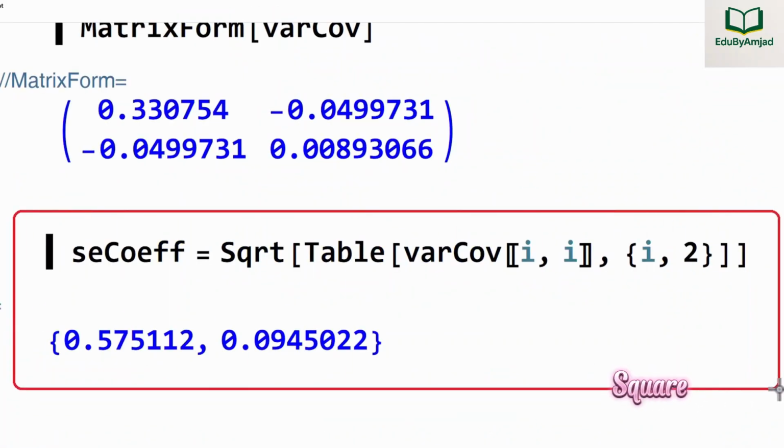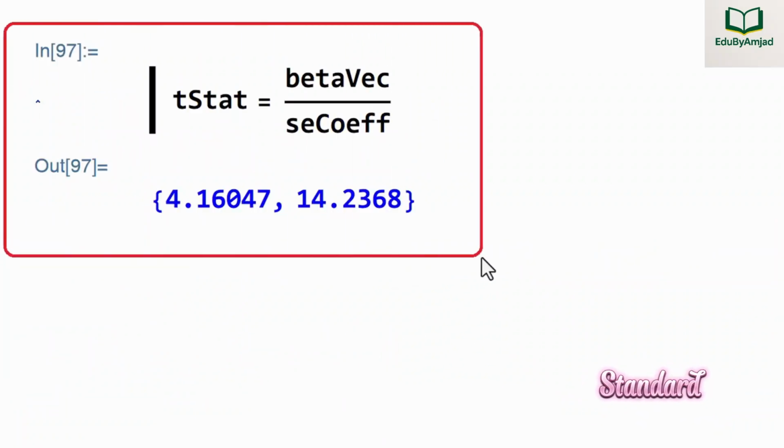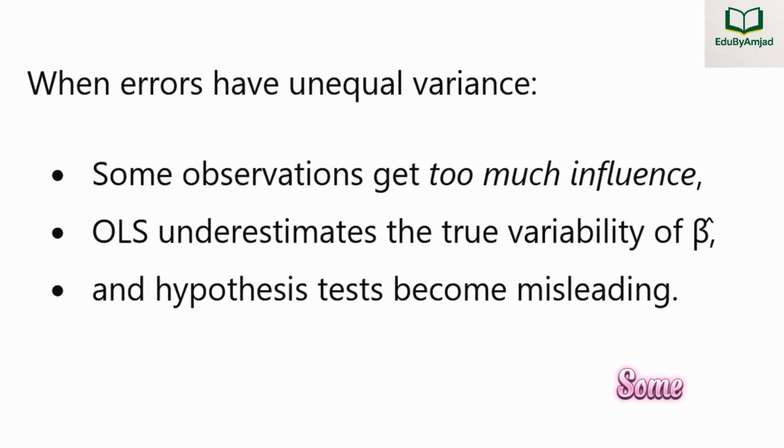Standard errors are the square roots of the diagonal elements of this variance-covariance matrix, and the t-statistic is simply each coefficient divided by its standard error. However, because of heteroskedasticity, these standard errors and resulting t-statistics are unreliable. Some observations receive too much weight, causing OLS to underestimate the true variability of the beta coefficients. Hypothesis tests become misleading.